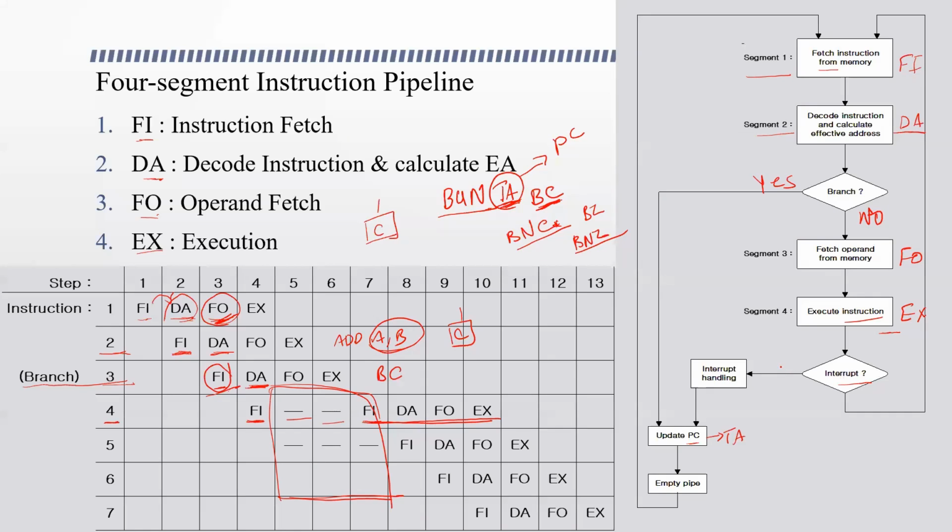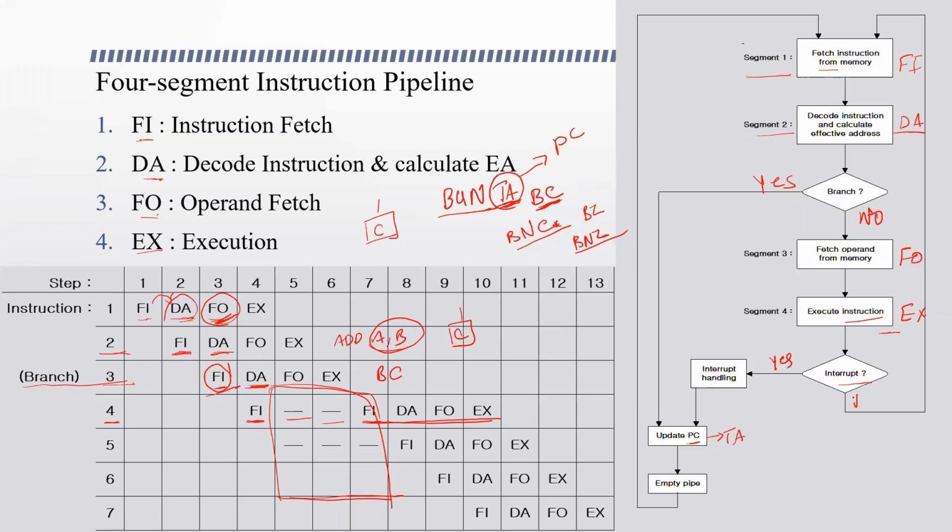So if there is interrupt handling, what this does is load the interrupt service routine address, ISR, into PC. So PC is updated and the pipe is emptied. Normal execution will not be carried out, and it goes back to segment 1. So the instruction that is fetched would be the first instruction of the interrupt service routine in case of an interrupt.